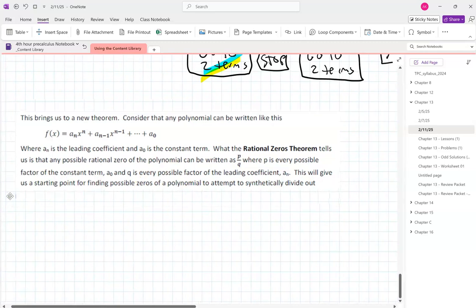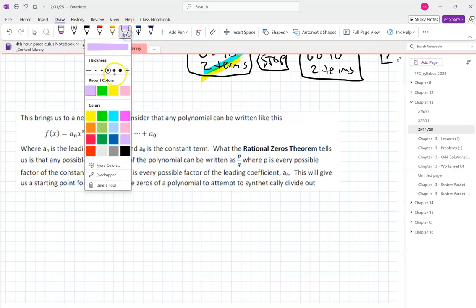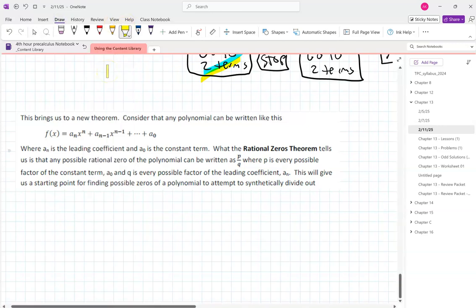It says that if I have some standard form polynomial, the possible rational zeros are always going to be of the form P over Q, where P are the possible factors of the constant term, and Q are the possible factors of the leading coefficient.